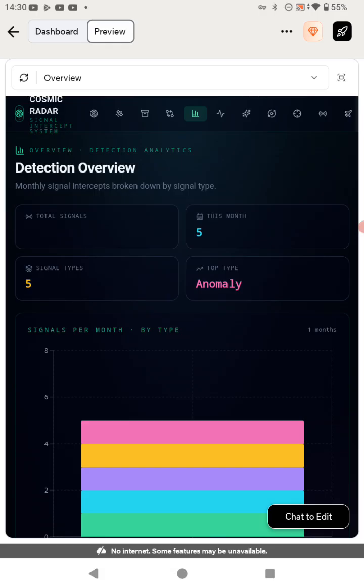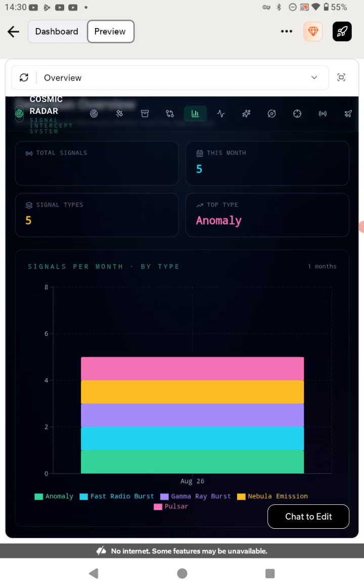I've got to try and find a way to make those labels brighter. But apparently it's an anomaly reading. And here we've got the signals per month and by type.